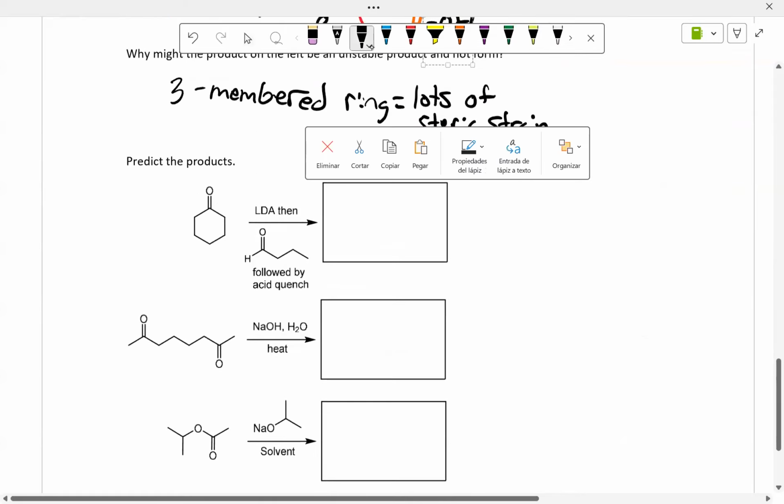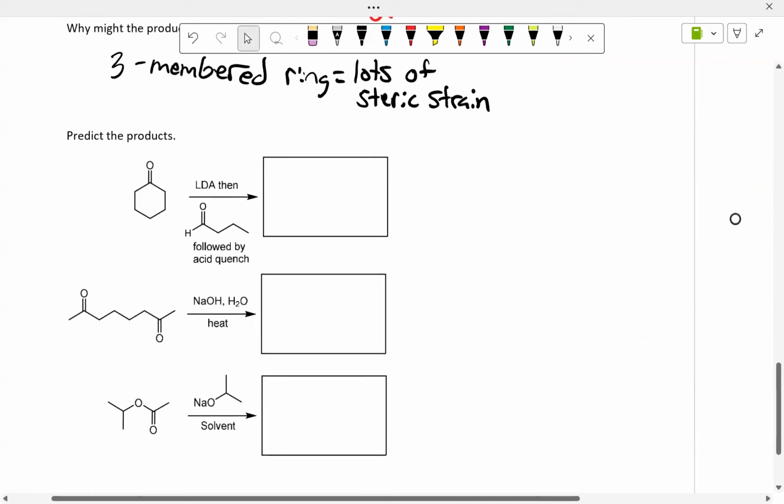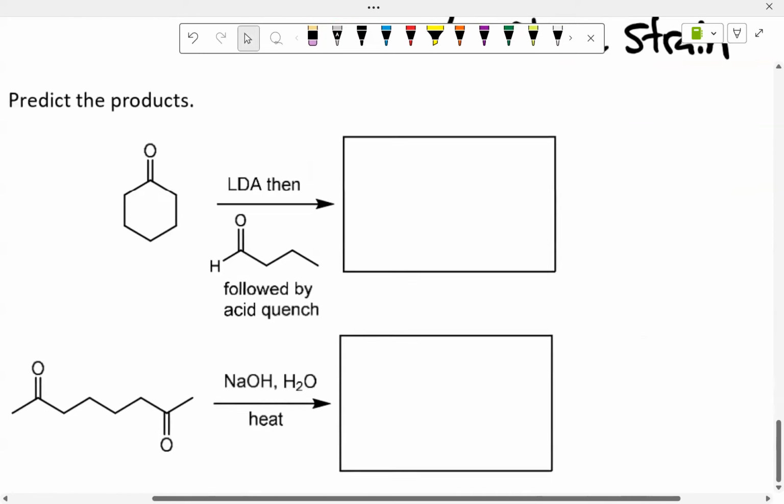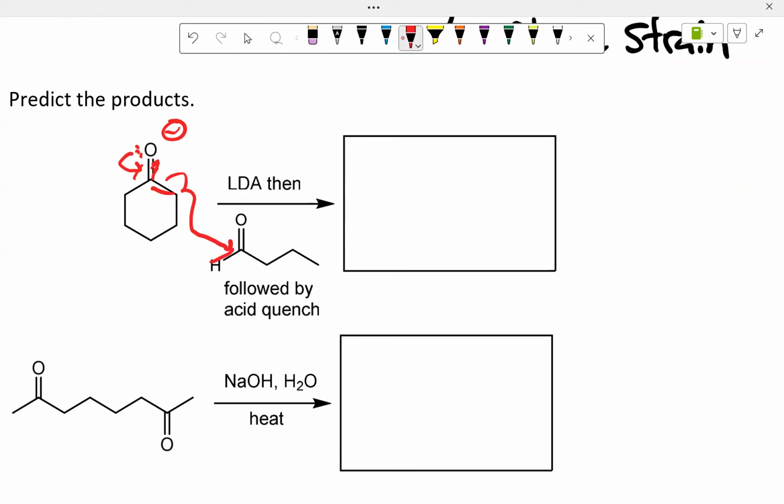All right, now we have to predict the products. These are all enolate reactions. The first one is with LDA, though. If you remember, LDA is going to take an alpha proton and form the enolate. And then when the enolate is formed, the enolate can act as a nucleophile and attack our aldehyde.